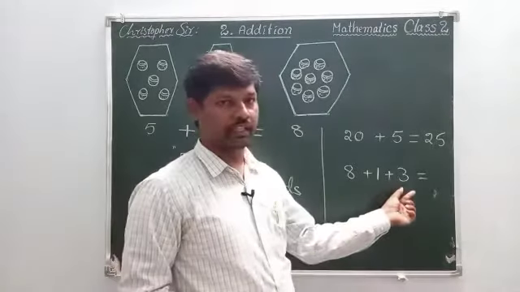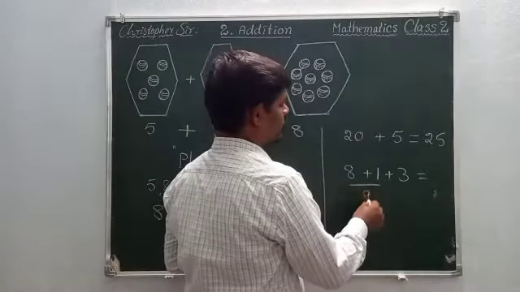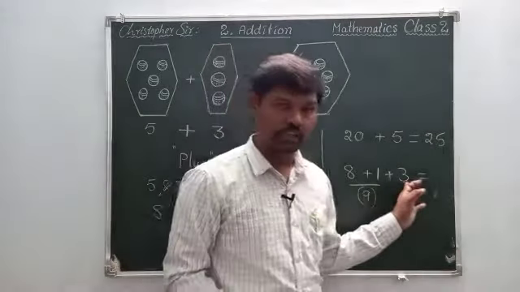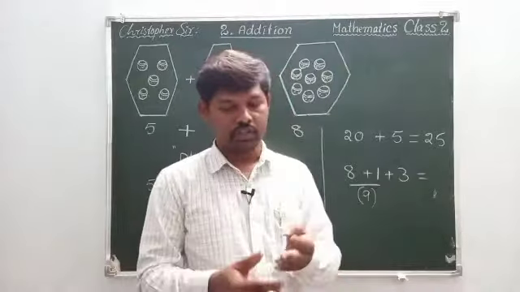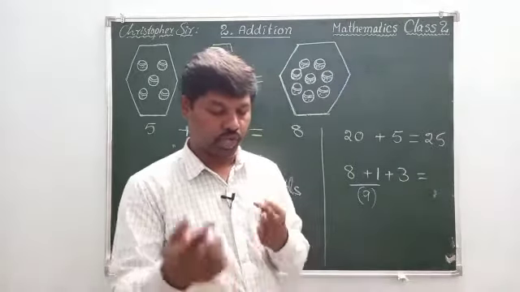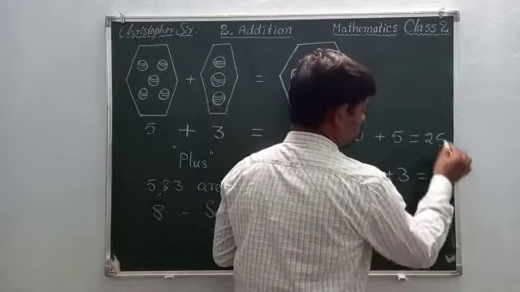So when you add 8 and 1, you will get 9. Now we have to add 9 and 3. After 9 we have to count 3: 10, 11, 12. So we got the sum 12.